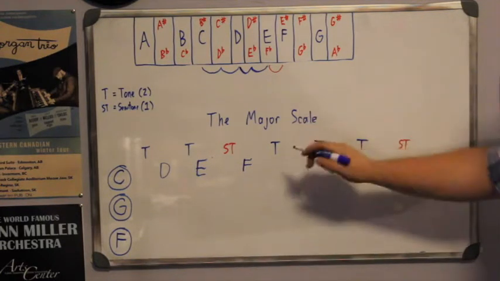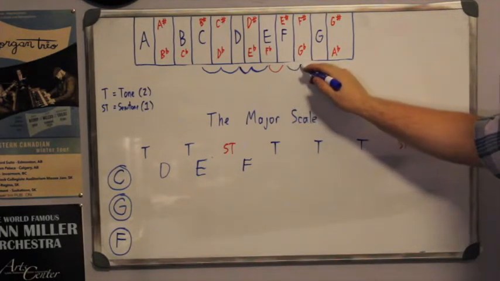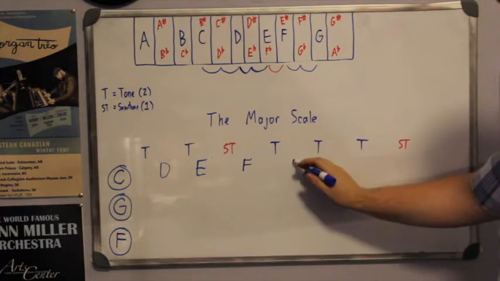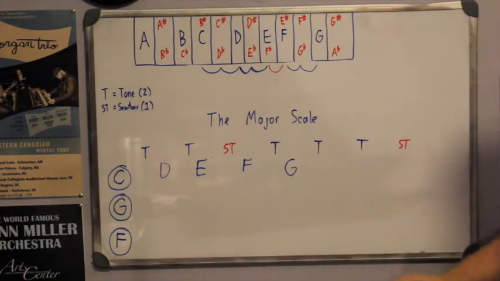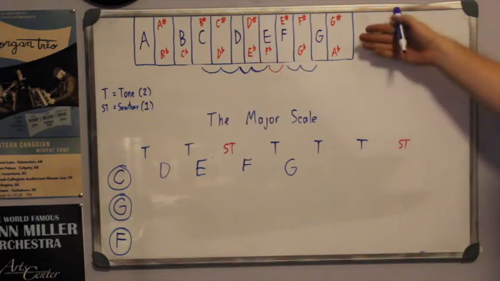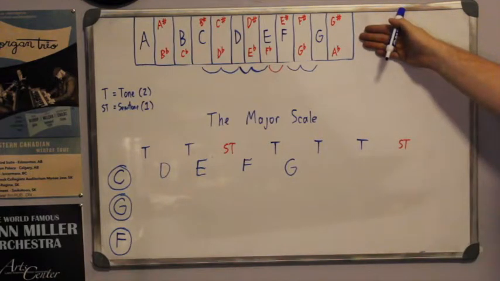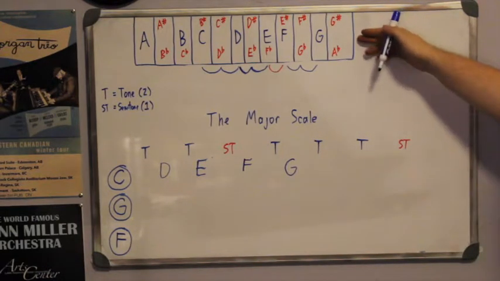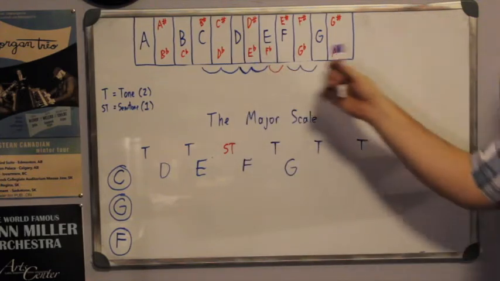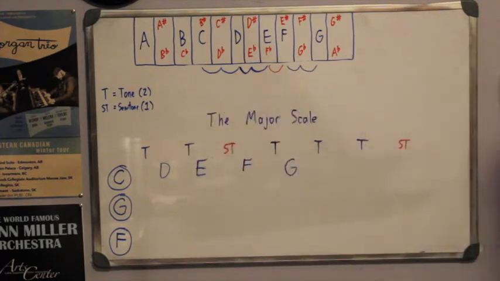The next jump will be a tone again, so we're going to go over 2, 1, 2, and we end up with G. The next leap is a tone again. So we run out of notes on our chromatic scale of 12 notes here. But everything in music, when you get to the end, you just go back to the beginning and the notes continue on.